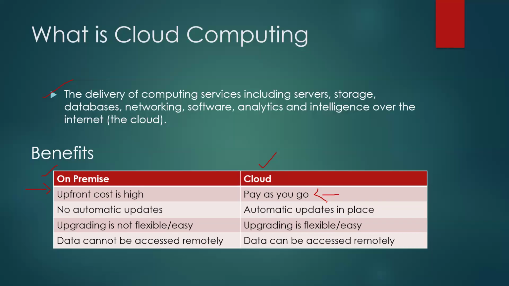And in pay as you go, we only pay for the duration that we utilize the services. But on-premise, irrespective of whether you use it or not, upfront we have to purchase that infrastructure for sure. We will not have any alternative for that.